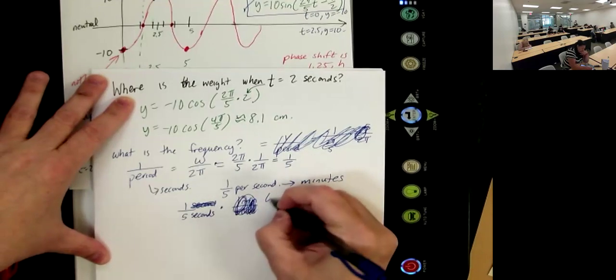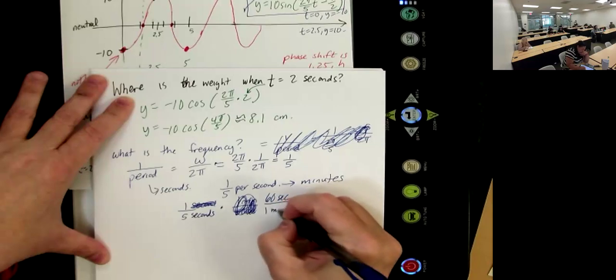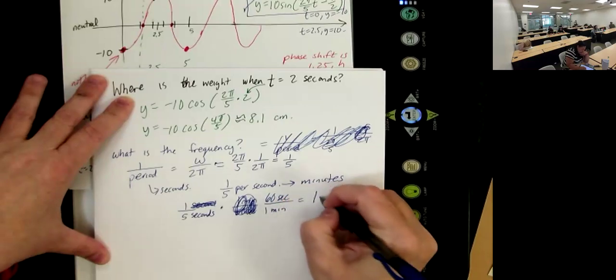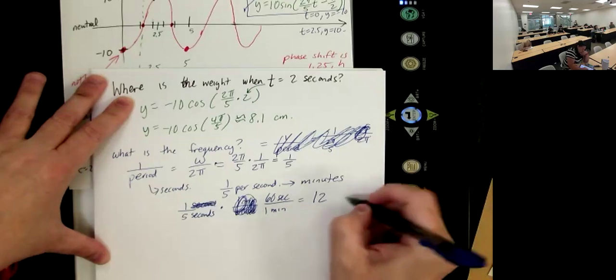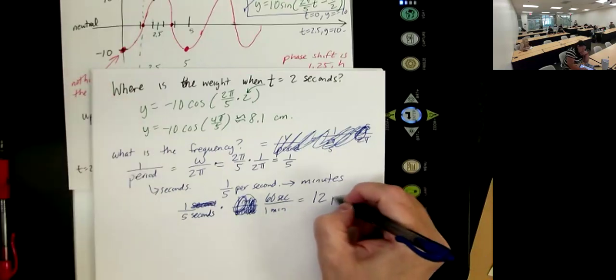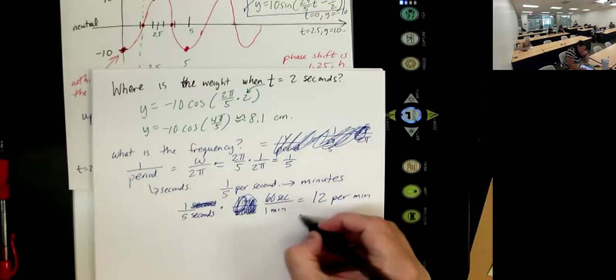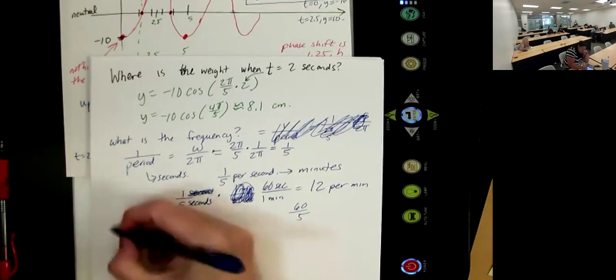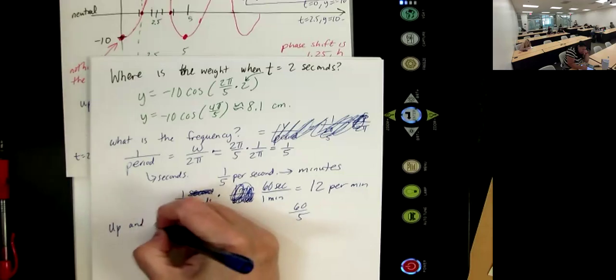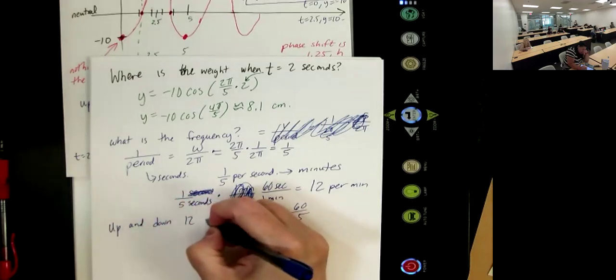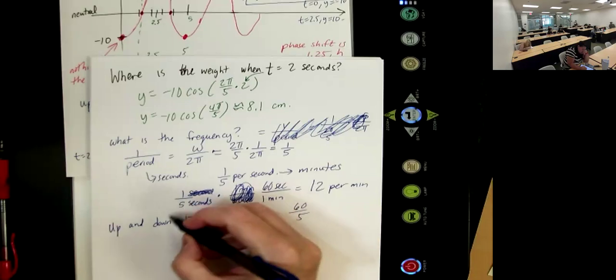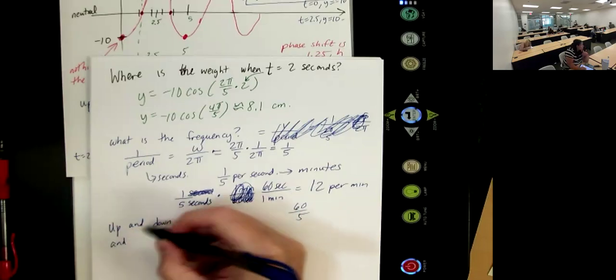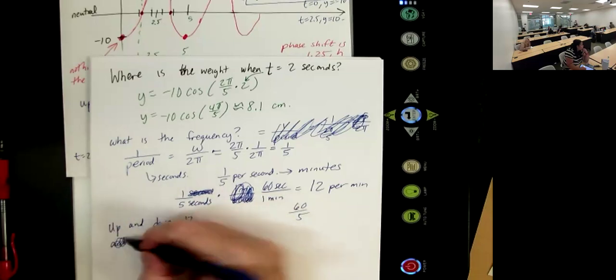This is upside down. So this gets me 12 per minute, which is 60 over 5. So it's going up and down a full set 12 times per minute. Up and down 12 times per minute.